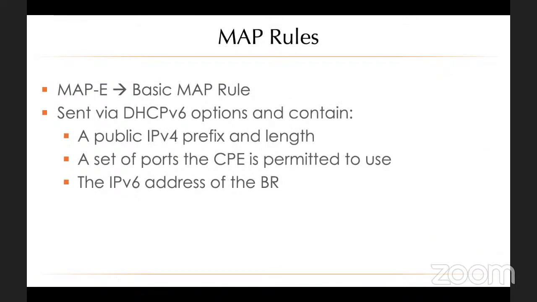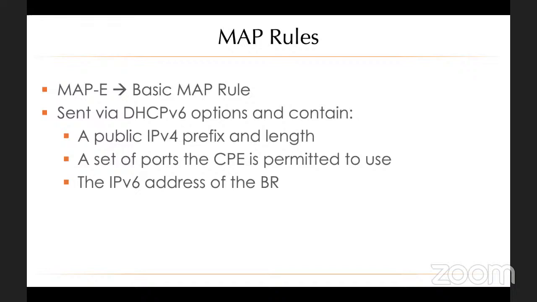So the good thing with MAP-E, you're going to provision what we call MAP rules using DHCPv6. For MAP-E, the most important rule is the basic mapping rule, whereby the basic mapping rule will contain a public IPv4 prefix and a set of ports, even though in some instances you don't need to explicitly say these are the set of ports that this device should use.